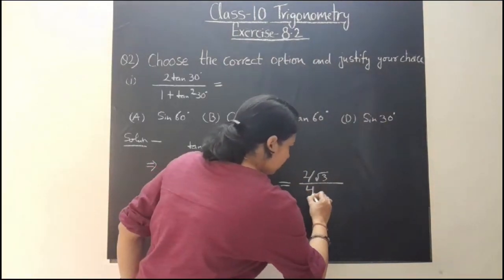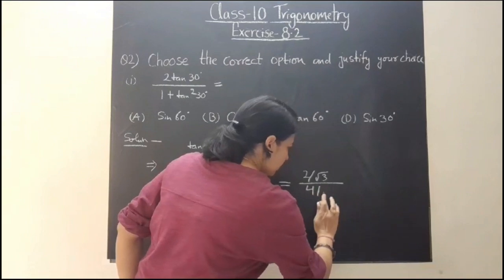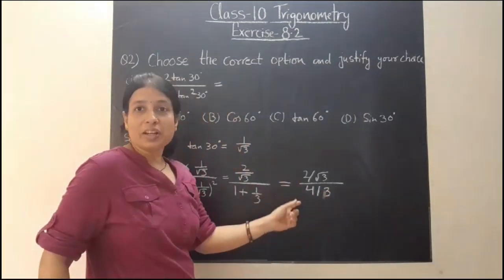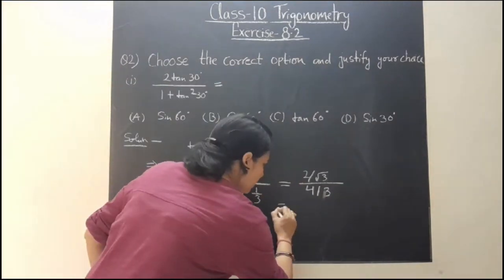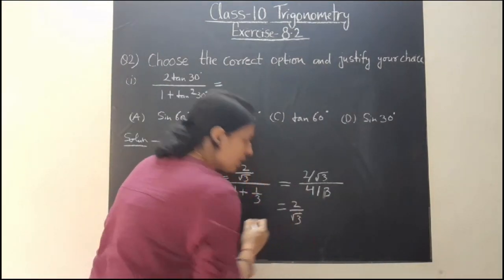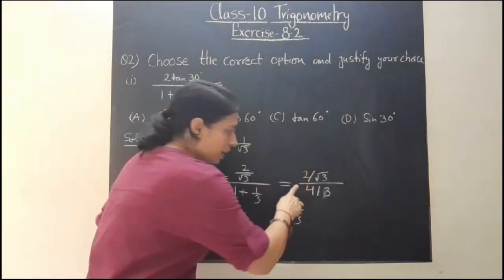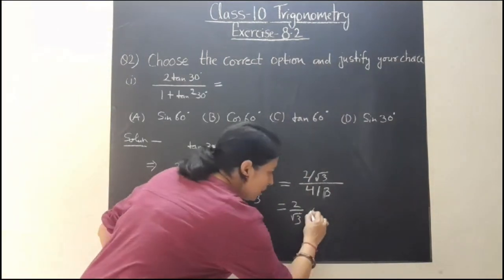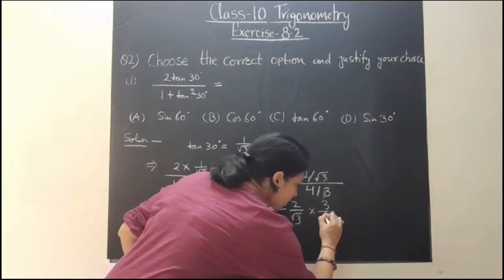So you can write here 4 by 3. So here division of two fractions. So first we write first fraction is 2 by root 3 and then it is divided by 4 by 3. So you will multiply 3 by 4.